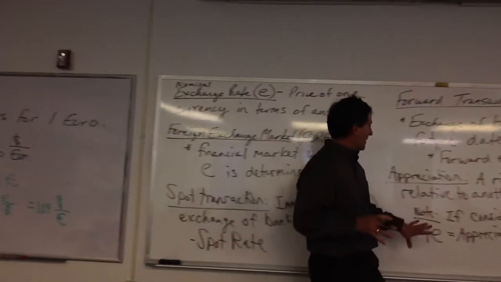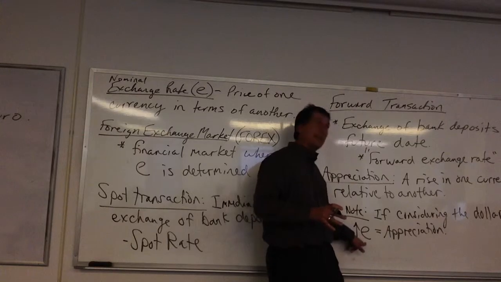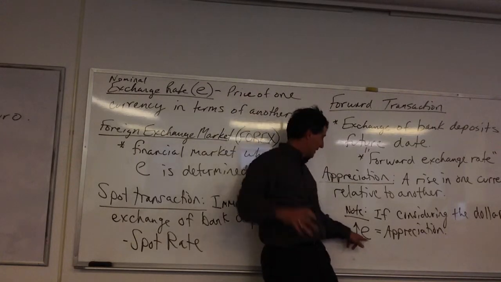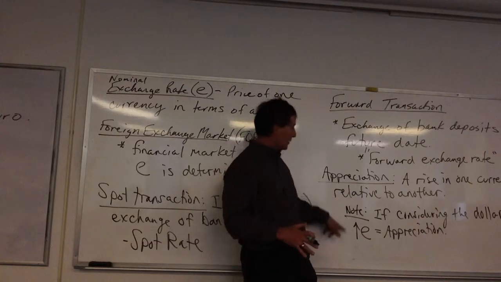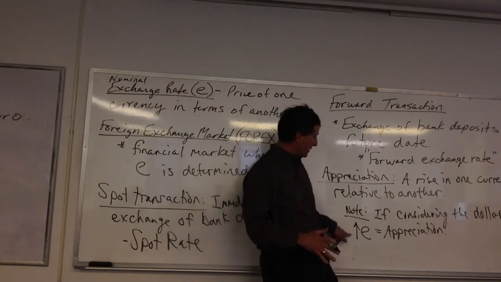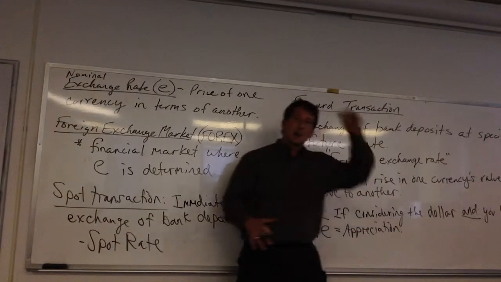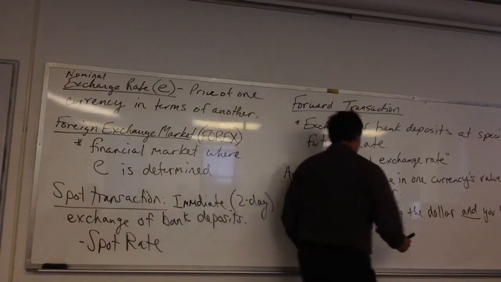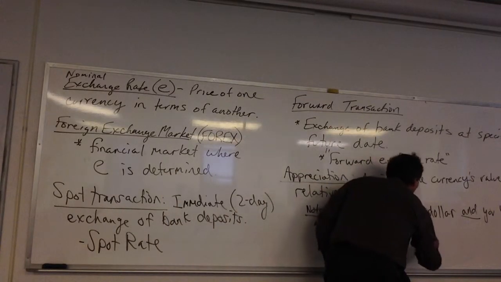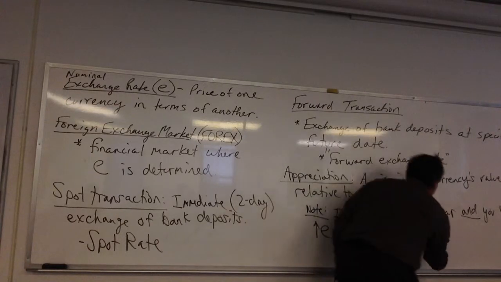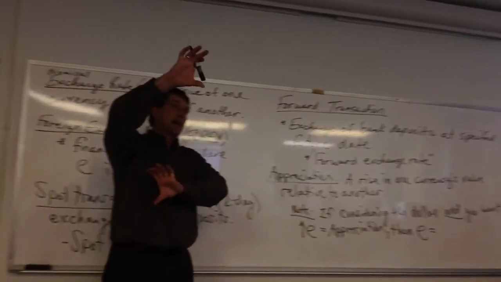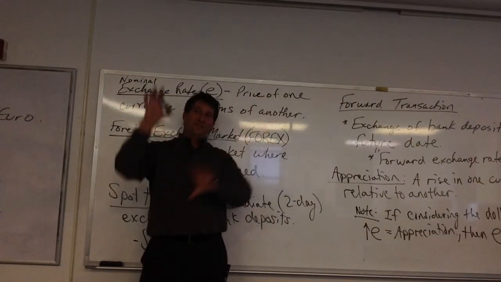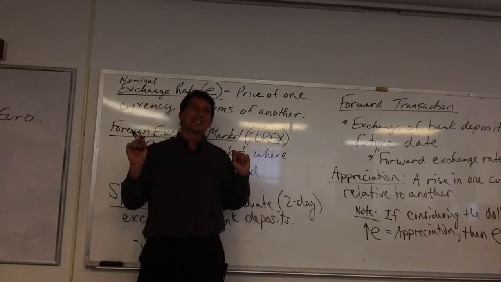So if you're considering the dollar and you want an up arrow E, like we saw with that chart, as that number's getting bigger, if it goes up from $1 to $1.10, or 1 to 1.1 or to 1.2, what goes on top, what goes on bottom? So how does E need to be specified? Foreign currency on top or dollar on top? Which one do we want?